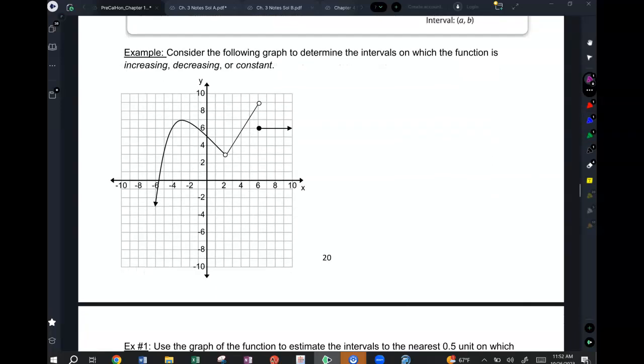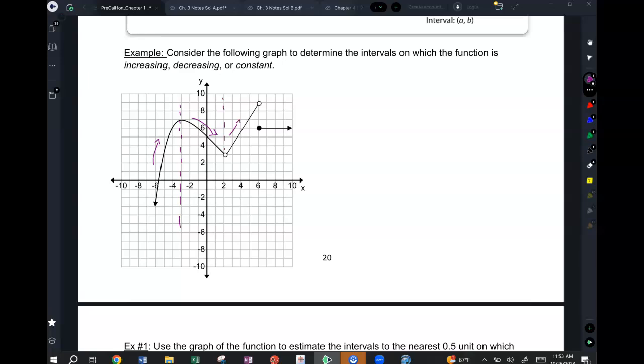Okay. We're going to consider the following graph and determine the intervals on which the function is increasing, decreasing, or constant. So, just by looking at this, I know that this function is increasing here. It stops increasing right there, and then it's decreasing. It's increasing again, and then it's constant.